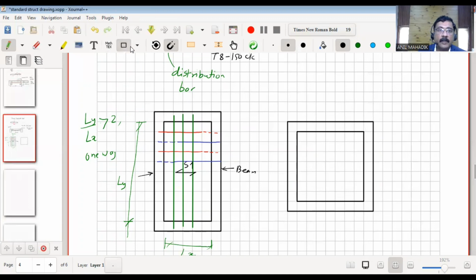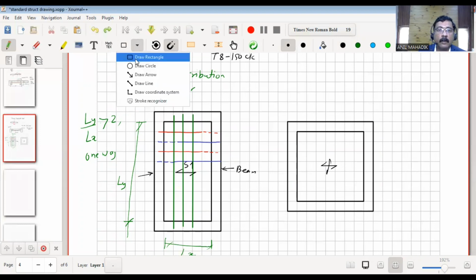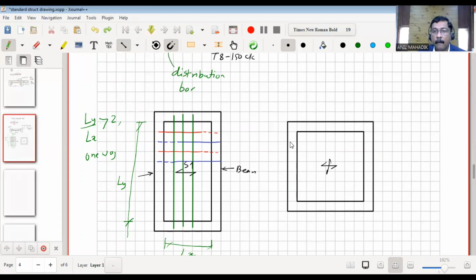In this case, we have main steel in both the directions. So this will be also main steel. This is main steel, main steel. Again, here also alternate bars. So we will provide this, like these are alternate bars.